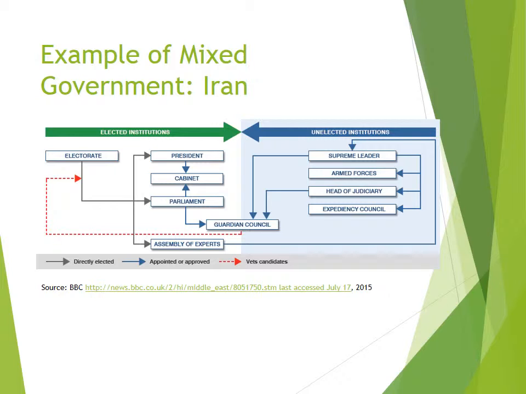Some systems like Iran are mixed, and if you want to read more about it, I have the link down there. You can go to the BBC or just type in Iran government explained. You notice that red dotted line: the Guardian Council can actually say no to someone who wants to run for parliament.